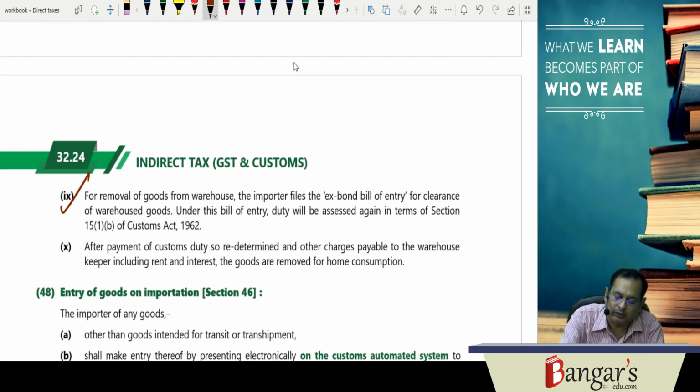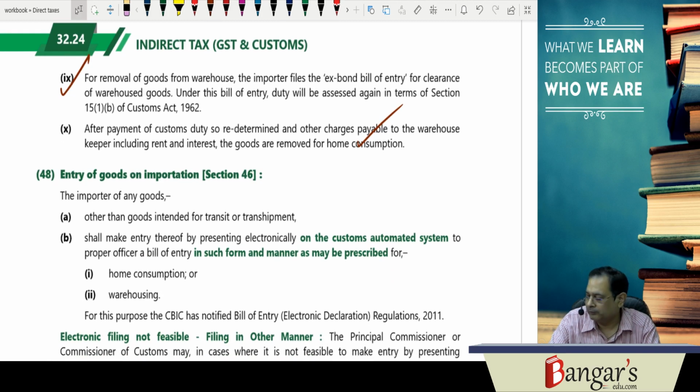When you want to clear the goods from the warehouse again, the importer has to present the ex-bond clearance bill of entry. He has to pay the import duty and other charges payable, and then he can be given permission to take the goods from the warehouse. Then section 46 is the important one. That is where we have to present the bill of entry.